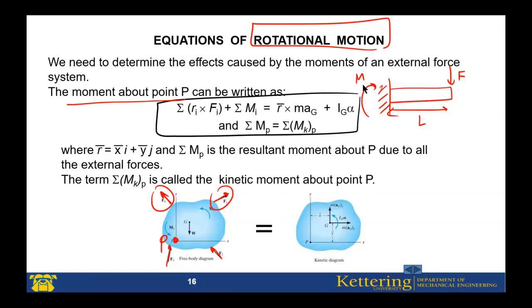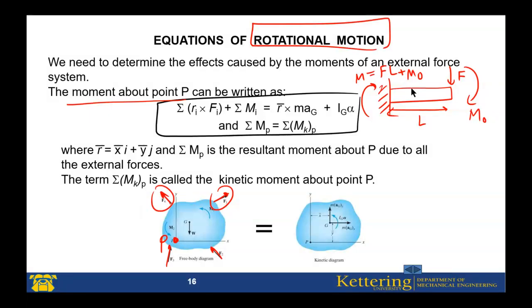Force? Distance, correct. Force times distance. Force multiplied by L. Then, if I apply one external moment at the tip of the beam, or at the tip of the bar, now, what should I add here? For example, this one is M0. This one also, I apply M0 because we add a moment at the tip.